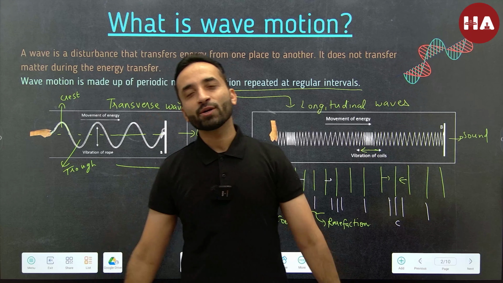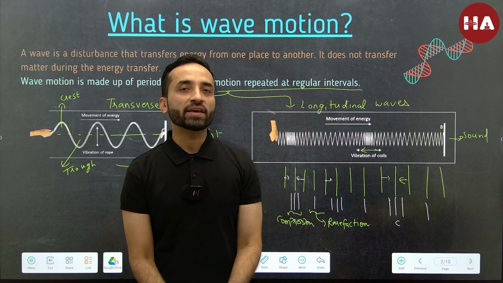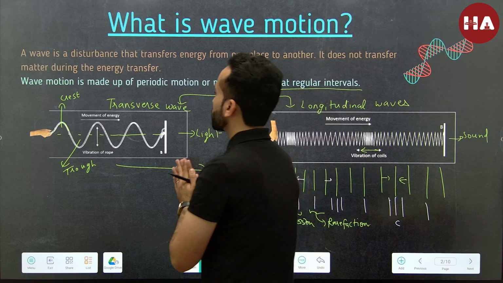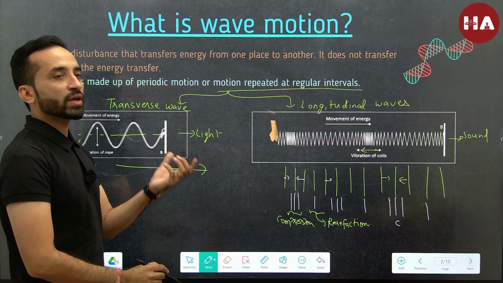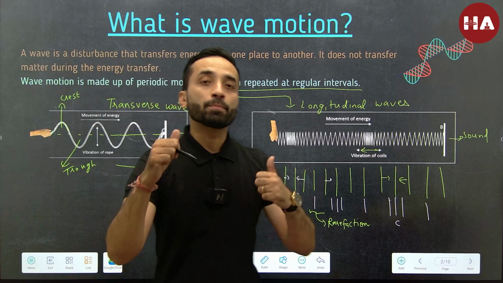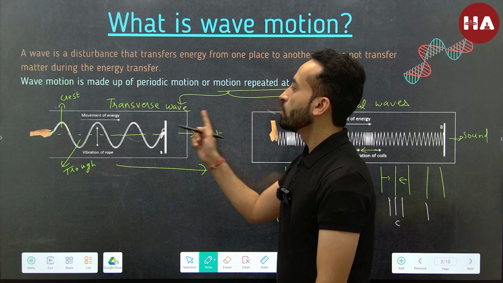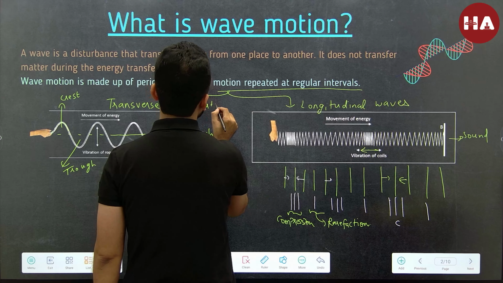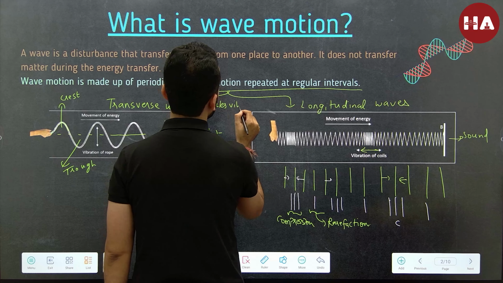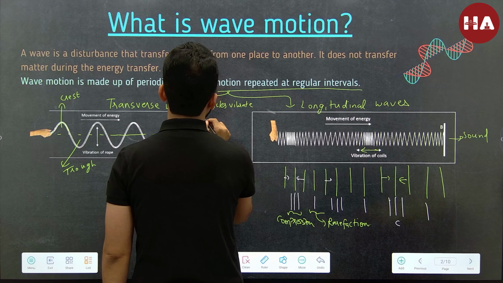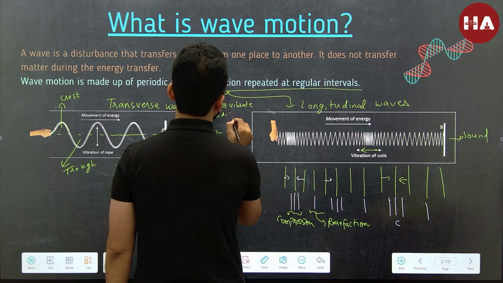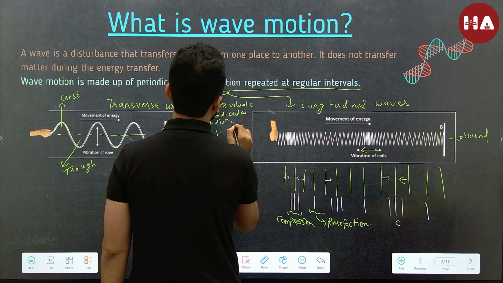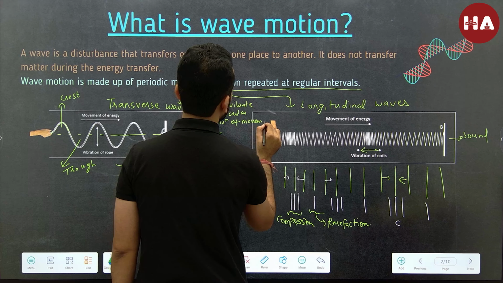So I hope you are able to understand what are longitudinal waves and what are transverse waves. So how would you define this, students? Transverse wave, you can write, in this wave the particles vibrate perpendicular to the direction of movement of wave, right?